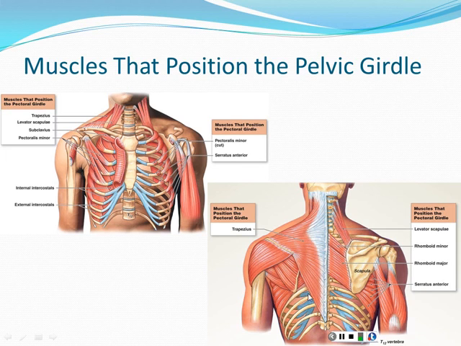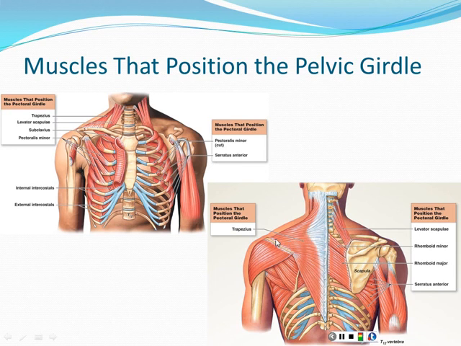So the most superficial of these pectoral girdle muscles is the trapezius. It attaches to the spine of the scapula here, and then it attaches to the spinous processes of the vertebral column in the back, as well as to the posterior part of the skull.